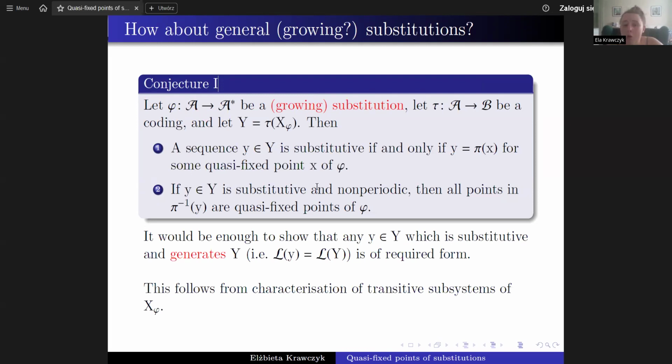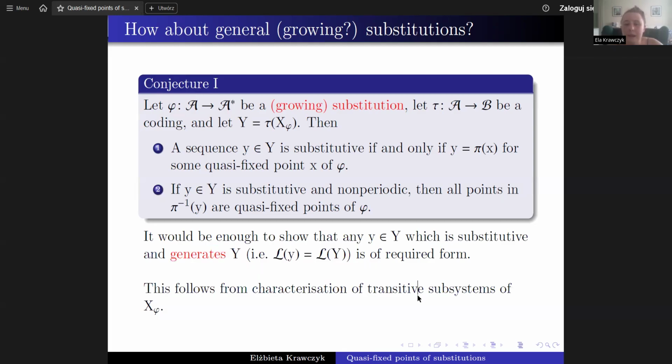What I know is that it's actually enough to show that any sequence y in my system which is substitutive, and which generates the same language as y, is of the required form, so without the coding it is a quasi-fixed point of a substitution.